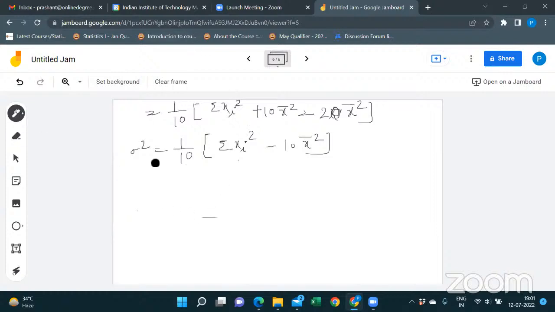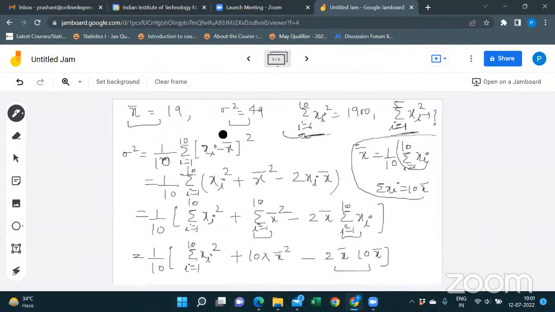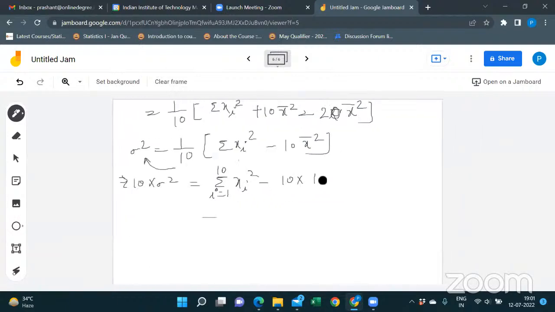Okay, now I can write 10 times sigma square equal to summation i equals 1 to 10 xi square minus 10 times x bar square, where x bar is given as 19, so 19 square. Sigma square is given as 49, so just put the value 49.